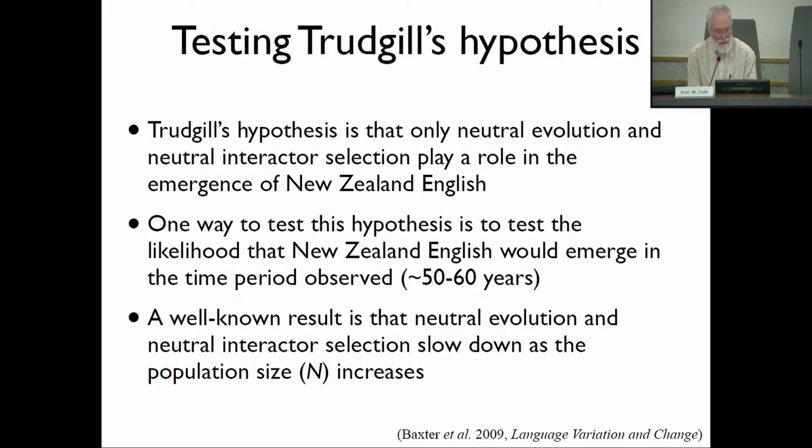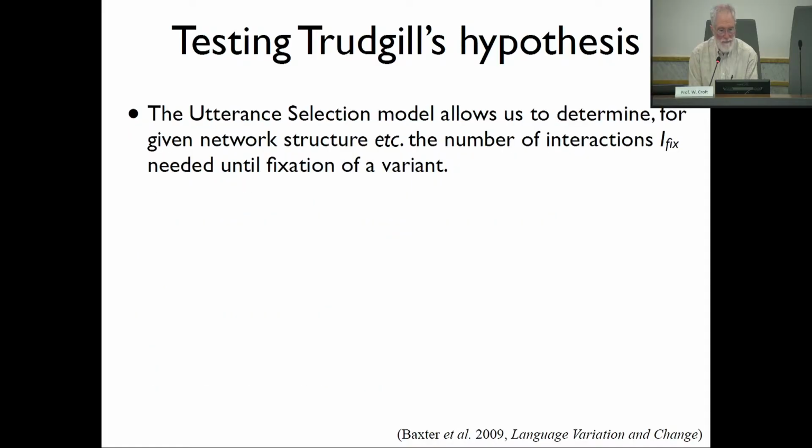So a well-known result is that neutral evolution and neutral interactor selection slow down as the population size increases. So it happens quickly if your population is 100. It happens a lot more slowly if the population is 100,000. So basically what we had to do was set up a model, and I'm going to go into this.